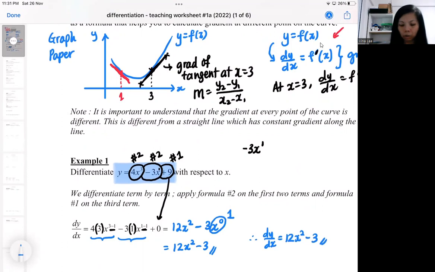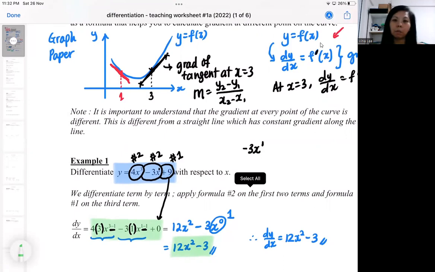If you're thinking, do you need to write all this? No need. In a while, you'll be fast enough to execute bringing down the power and subtracting the power mentally, so you can just straight away give the answer. You do not need to show the bringing down unless you find it very confusing.